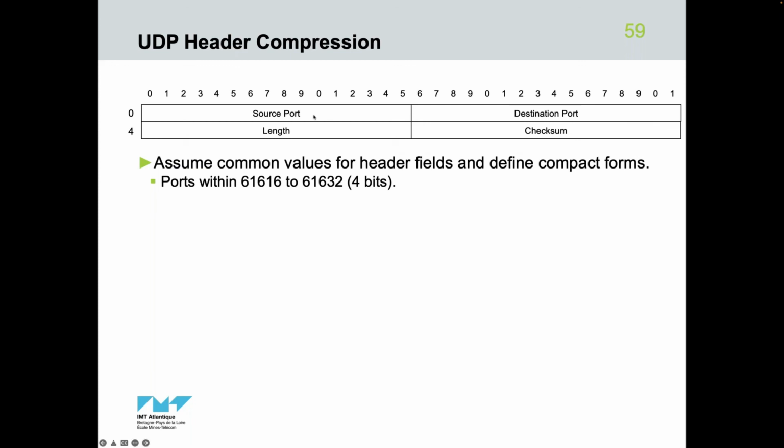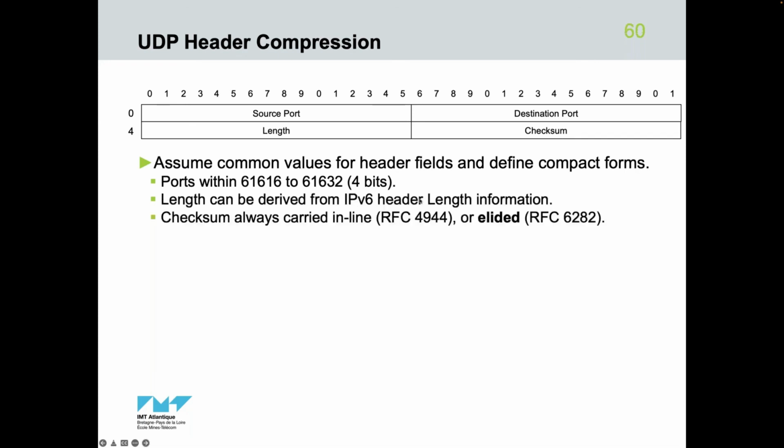So we have 16 bits for the source port and 16 bits for the destination port. If the 6LoWPAN network uses the UDP ports within this pool of ports, from 16 to 32, then these ports can be compressed to 4 bits. As simple as that.